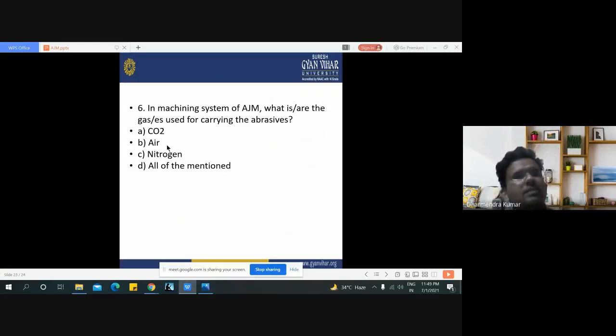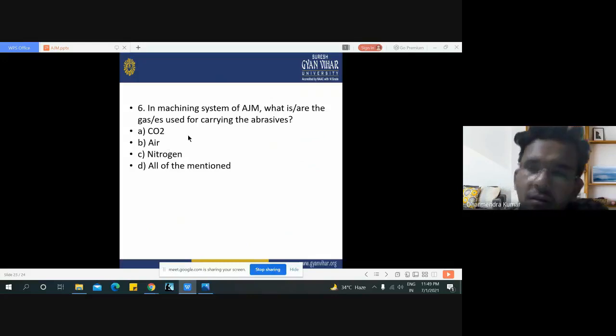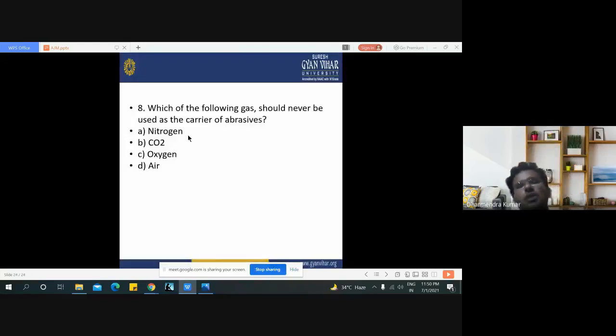So all of the mentioned gases are widely used. Here is the last multiple choice question: which of the following gases should never be used as a carrier of abrasive? We discussed in the previous question that nitrogen, CO2, and air are used, but pure oxygen, option A, we never use in the abrasive jet machining process.